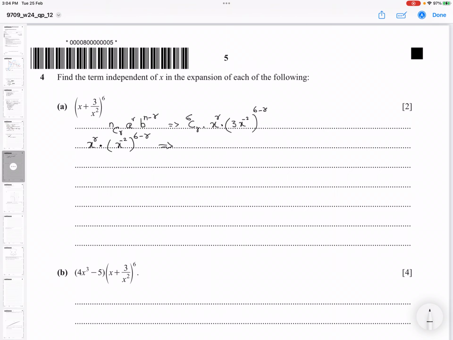This gives me x power r times x power negative 12 plus 2r. So this further becomes, bases are same, power must be added. So write x power r minus 12 plus 2r.